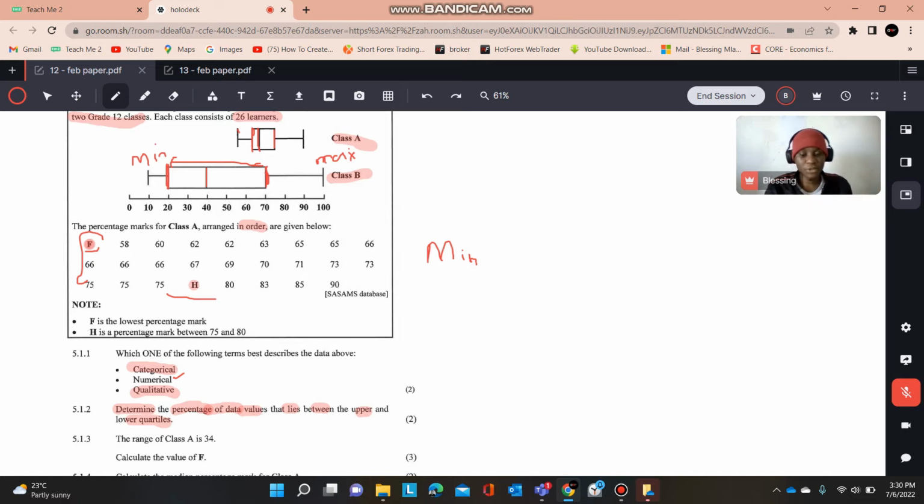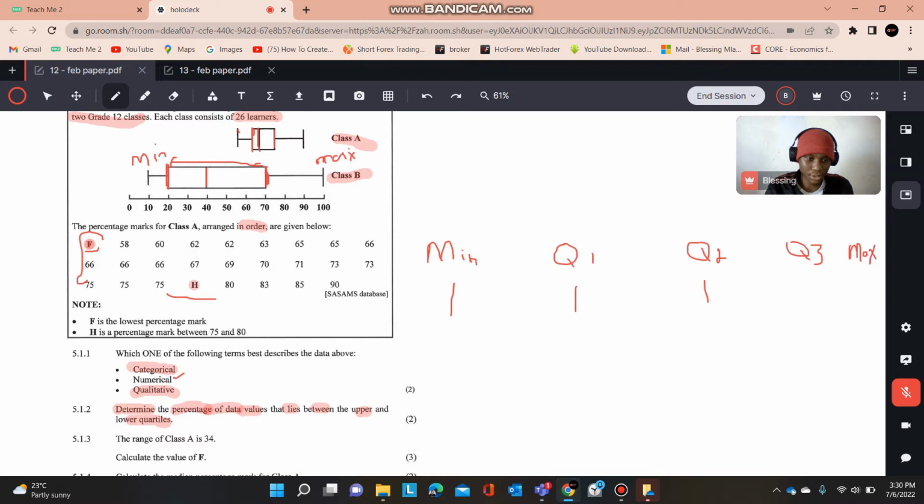So this one is, let's say, the minimum here, and then we have quartile 1 here, then quartile 2 here, then quartile 3, and then the max.